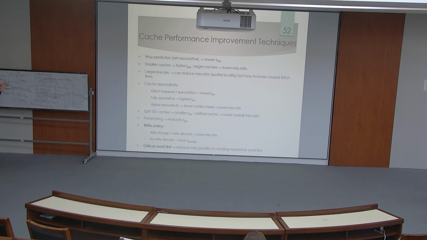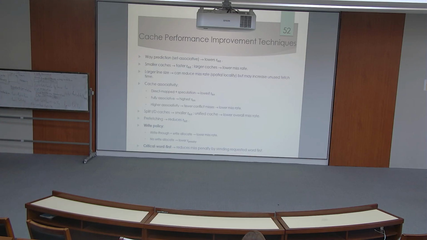But with a smaller cache memory, we are going to have a higher miss rate, and with a larger cache size, we have a lower miss rate, because we have enough space to hold the most recently used data. So the smaller cache size allows the system to return the data within less time, which means a faster hit time, but a larger cache memory lowers the miss rate.